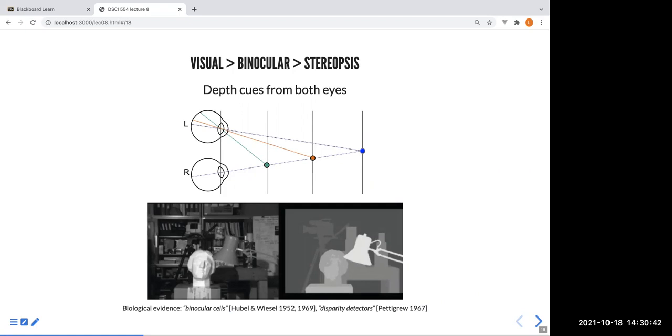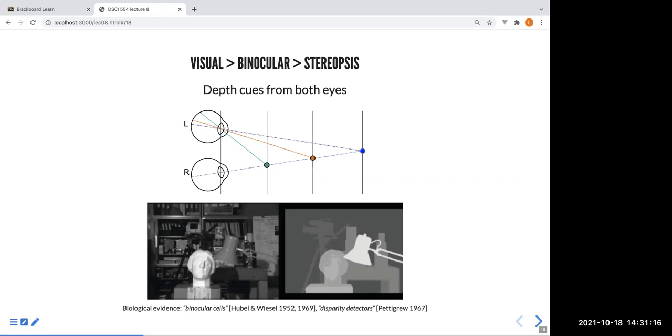There, what happens is that the closer the object, the farther is the distance between the projections in the two eyes. So here, for example, the green dot is going to project all the way up here. If I look at where the same object projects on the right eye compared with the other points, you see that the other points are closer in terms of distance.